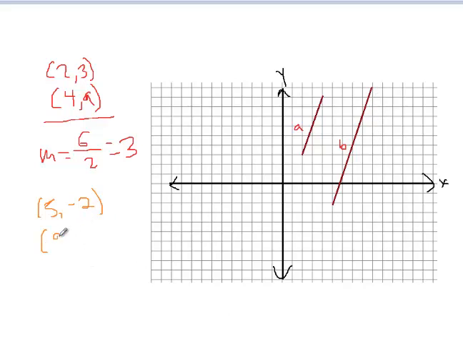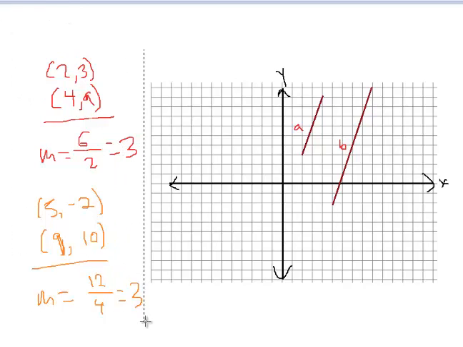So this point is 9, 10. Okay, again, the slope is the change in y divided by the change in x. 10 minus -2 is 10 plus 2, which is 12. 9 minus 5 is 4. And 12 divided by 4 is 3. So notice these two lines are parallel to each other, and therefore they have the same slope. Or really, I should say they have the same slope, and therefore they're parallel to each other.